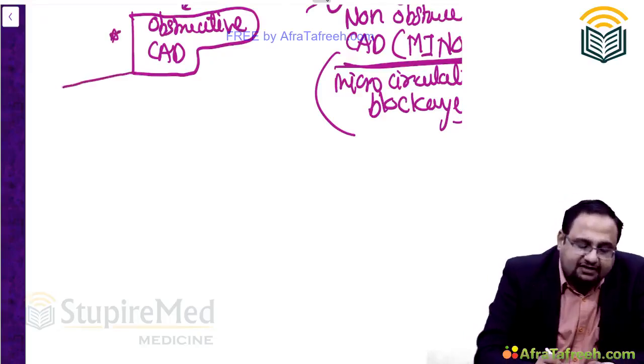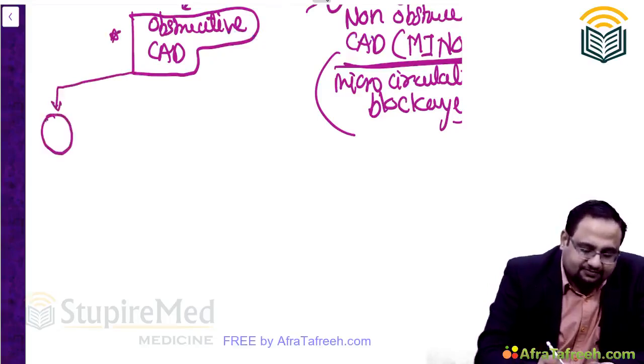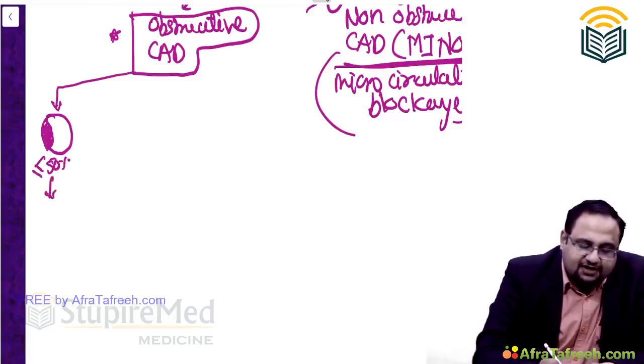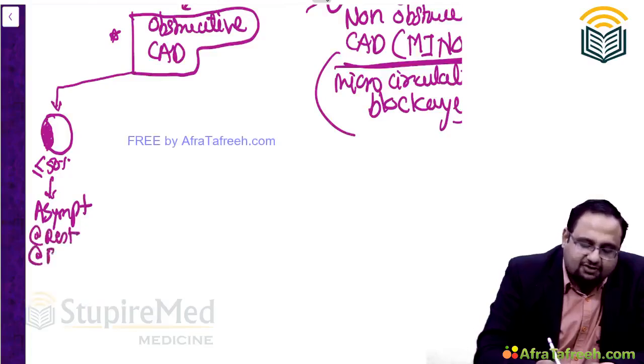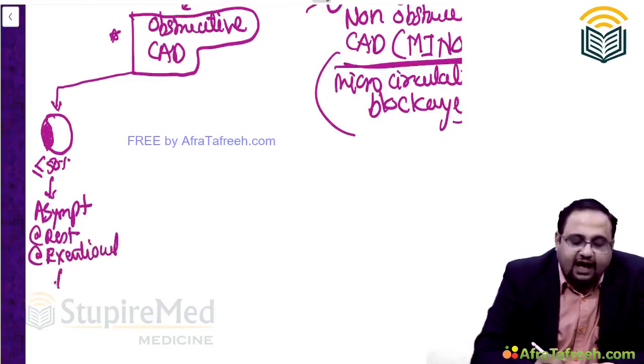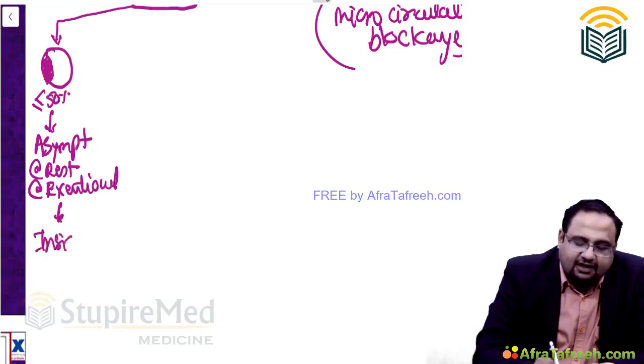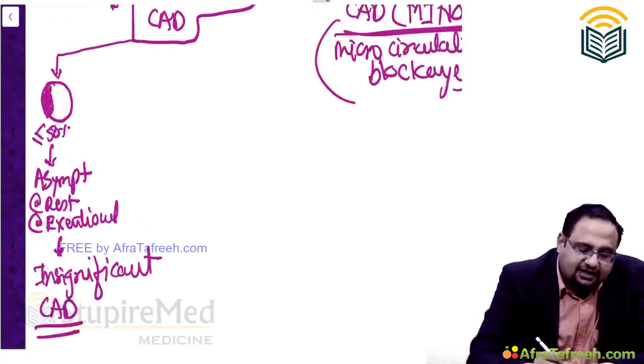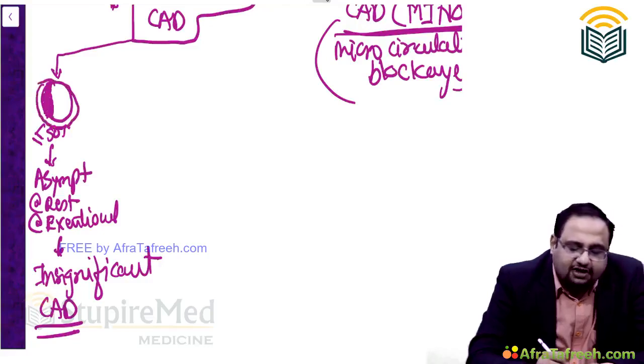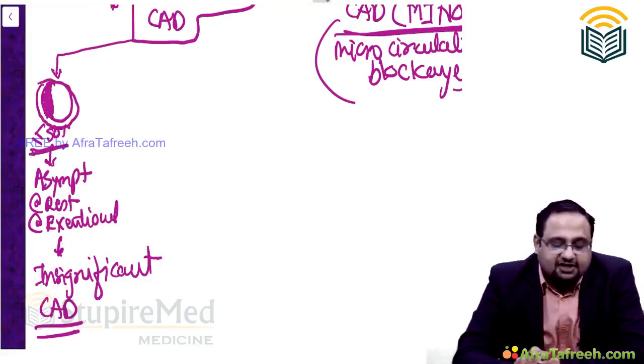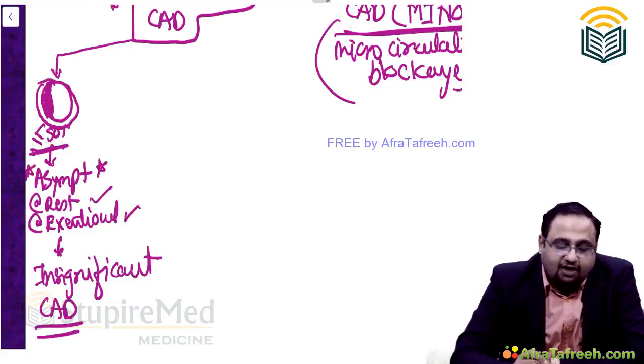In obstructive coronary artery disease, if the coronary artery blockage is less than or equal to 50%, such patients are asymptomatic both at rest and on exertion. I repeat, any blockage less than 50% of the cross section, such patients are asymptomatic both during rest and during exertion. Such coronary artery disease is said to be insignificant coronary artery disease.